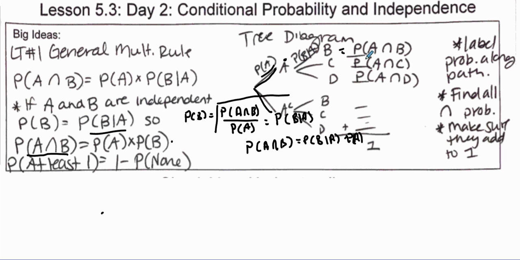So we're finding these out by using what we know about conditional probabilities in this formula.